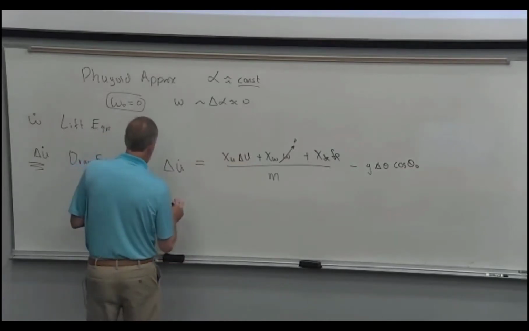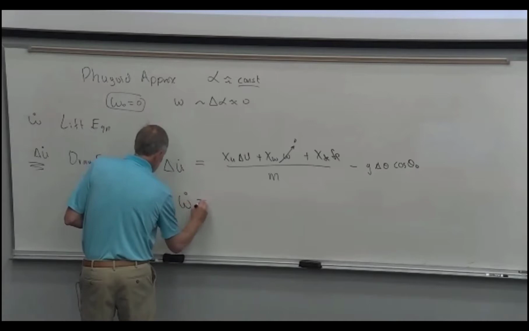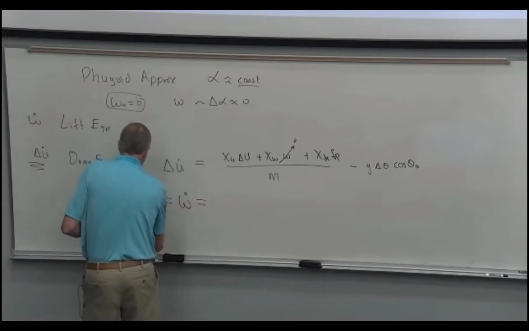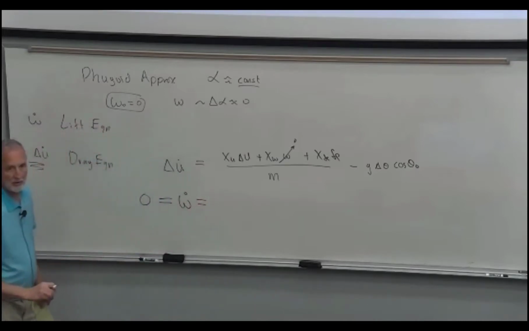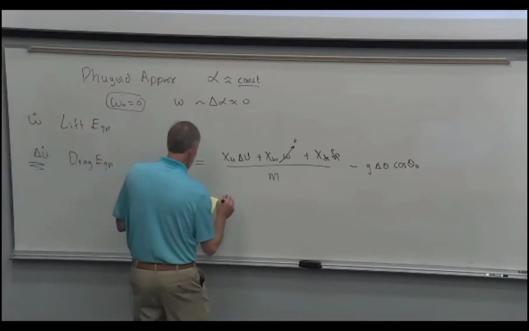And so we'll Laplace that one, and then the W dot equation. Again, counterintuitively, we're going to knock out the W dot because we're saying W is 0. But it turns out this gives a good approximation.